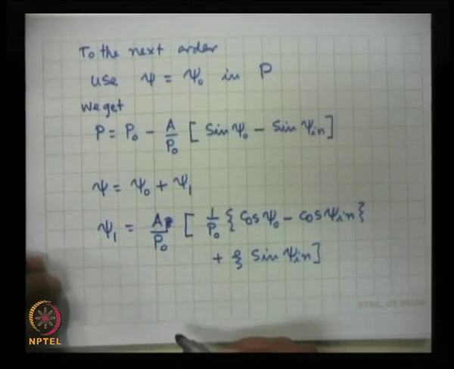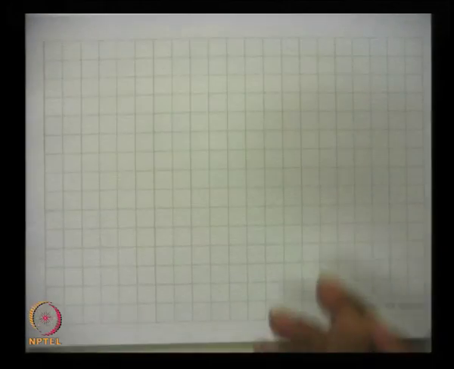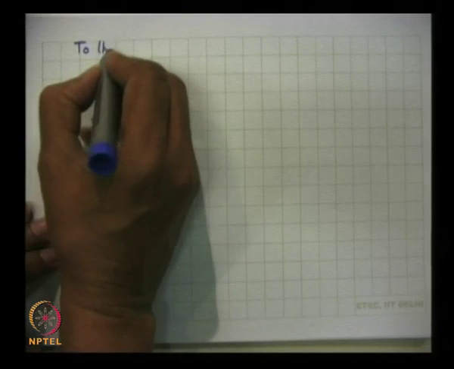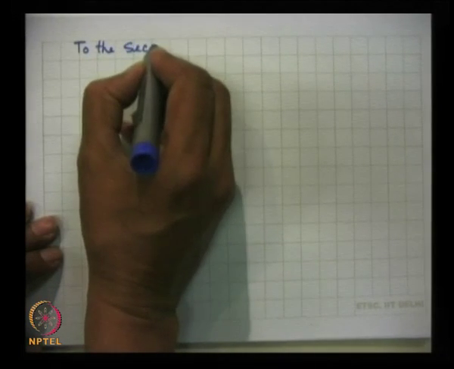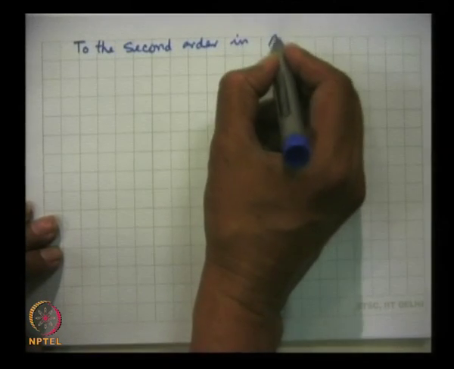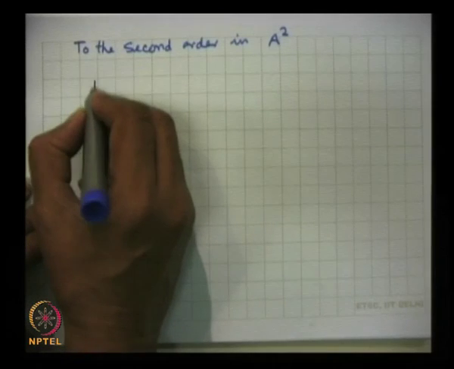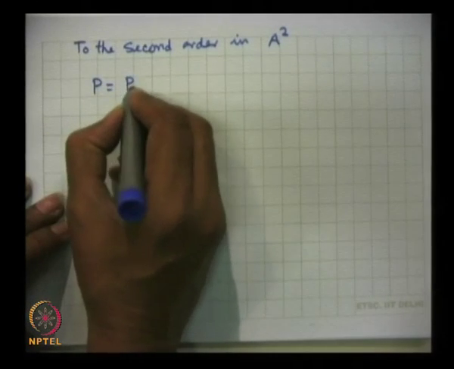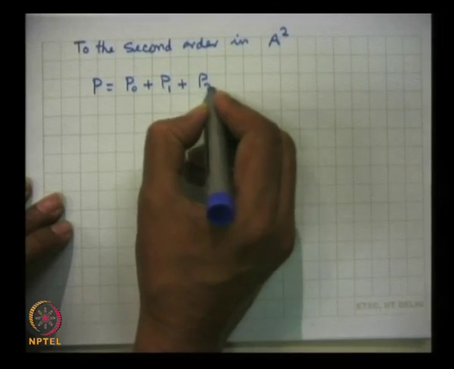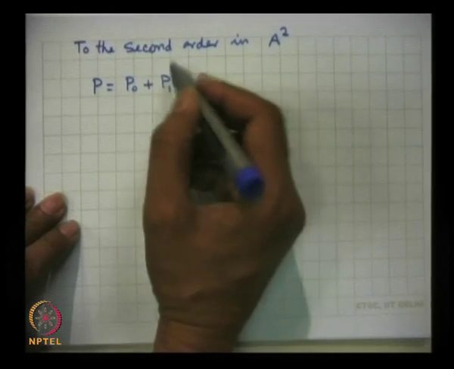Then we go to the second order in A square, and when you retain these terms, P can be written as P0 plus P1 plus P2. P0 and P1 I had already given.